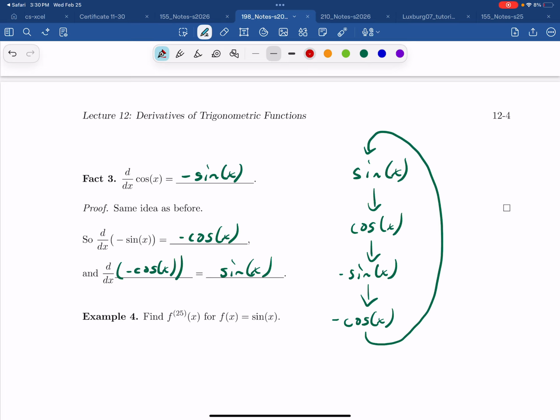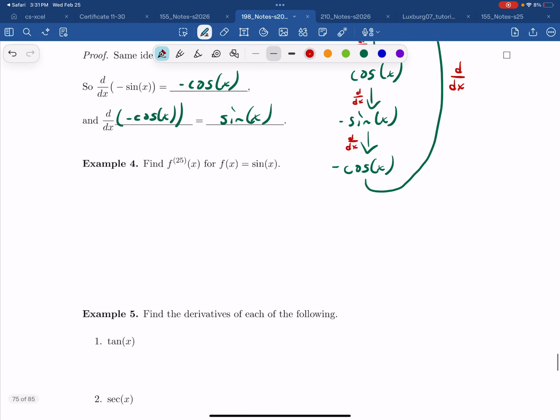Each time we take the derivative, we get all these derivatives. So if I ask you to find the 25th derivative of sine of x, you might notice that 25 equals 6 times 4 plus 1.